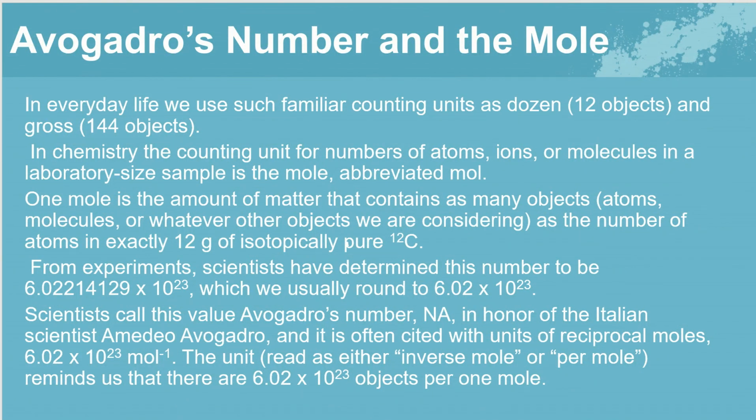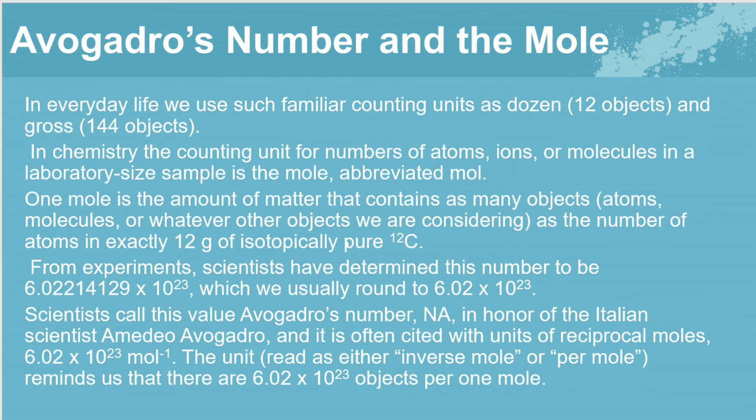Before we go any further, you need to be clear about what is an atom, what is an ion, and what is a molecule, right? Because how we count them in a laboratory size sample is the mole, abbreviated MOL.